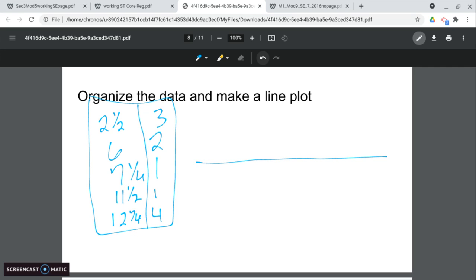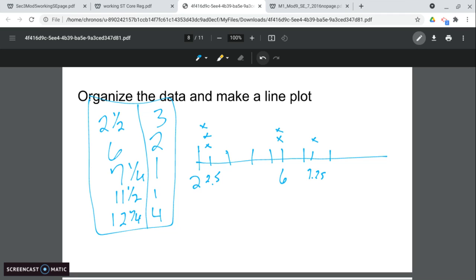So then we come over and we want to make our line plot. So here would be 2. This would be the 2.5. So we'd have 1, 2, 3 here. We'd have 3, 4, 5, 6. And we'd have 2. Here would be 7. 7.25, so we'd have 1 because 7.25 is the same thing as 7 1/4.